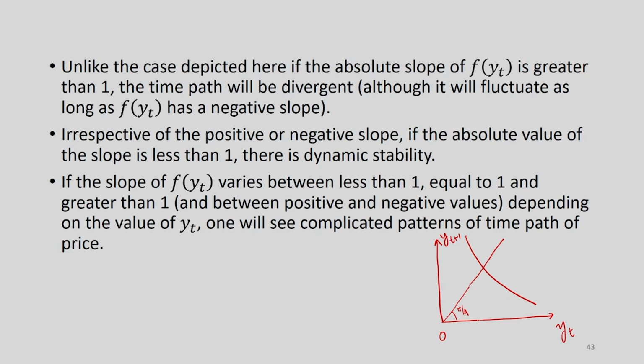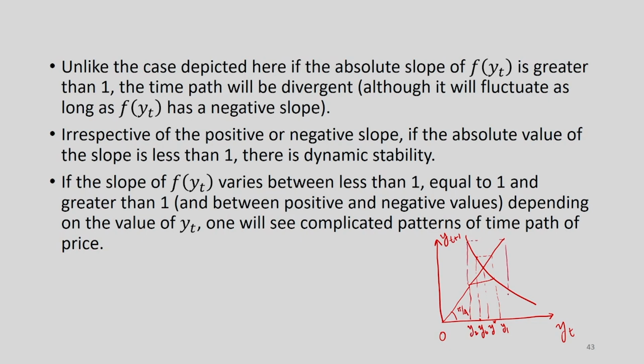So, let us start from, suppose this is p star or y star, and you are starting from here y0 going up to y1. So, this is y1. What is y2? y2 is this. So, this is y2. Okay. What is y3?